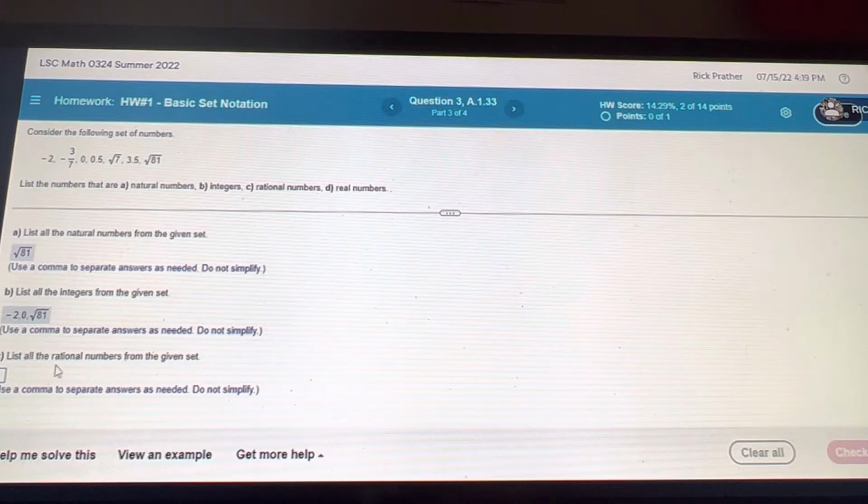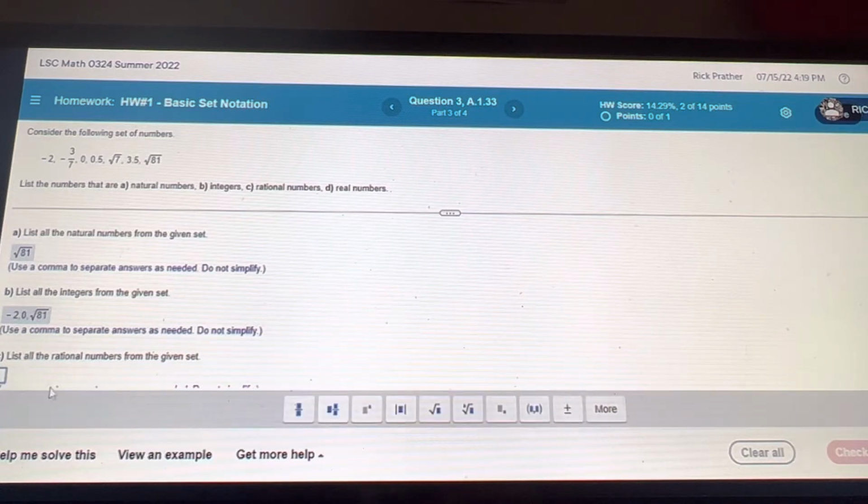Each time you get to the next part, you're going to put all these previous answers in plus any new ones. Rational numbers are all the rest except for radicals that don't come out exactly. So fractions and decimals plus all the ones you have already.